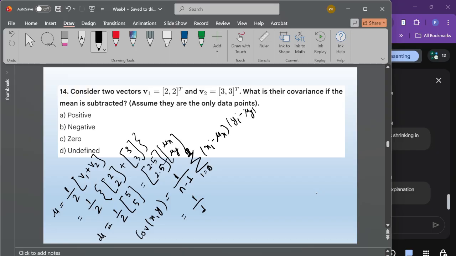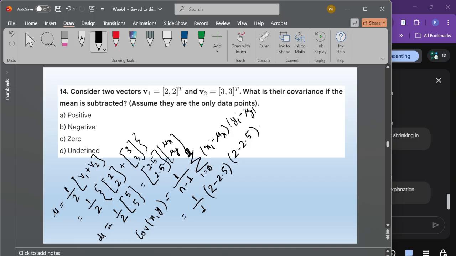It is simply multiplication and addition of these values. For xi, the first value when i is 0, it is 2 minus 2.5. Similarly, where i is equal to 1, here again it is 2, so 2 minus 2.5.